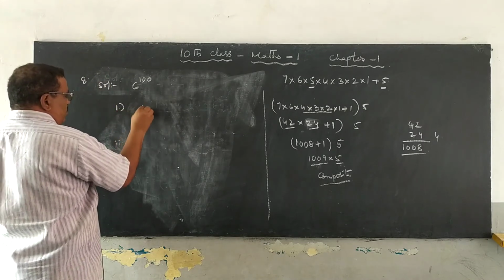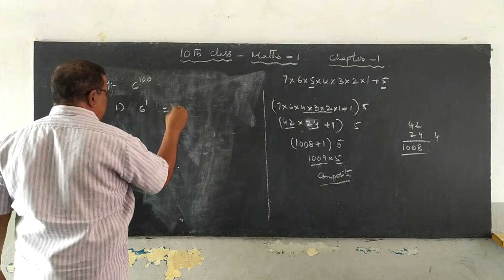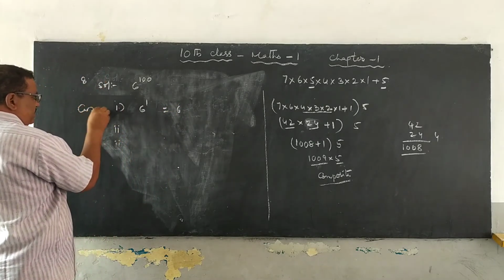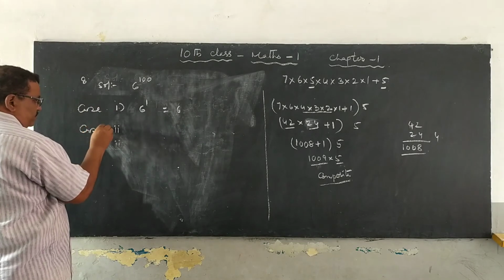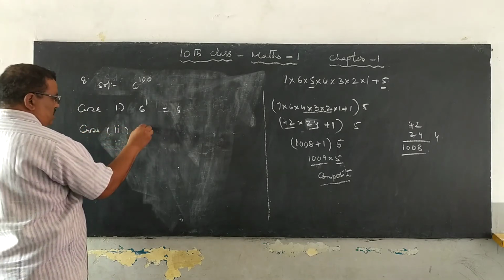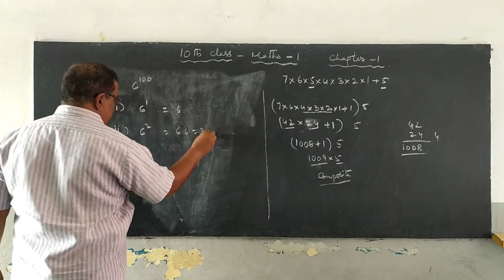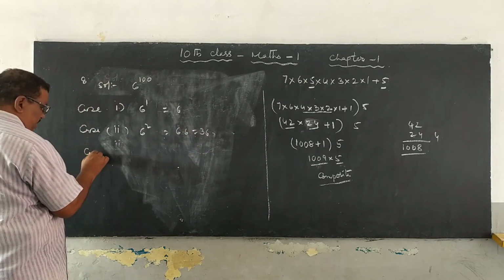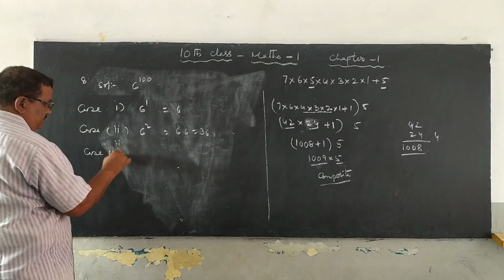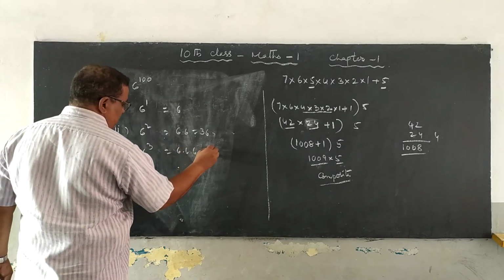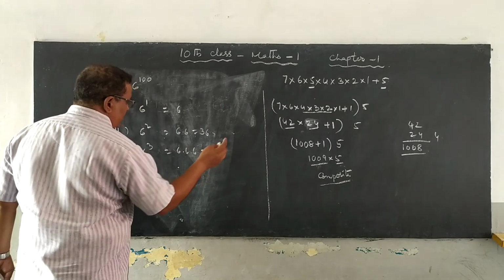Case 1: 6 power 1 is 6. Case 2: 6 square, 6 into 6, that is 36. Case 3: 6 cube, 6 into 6 into 6, 216.